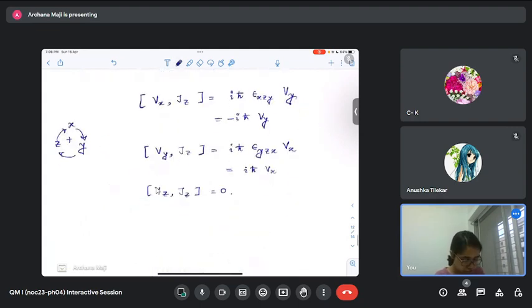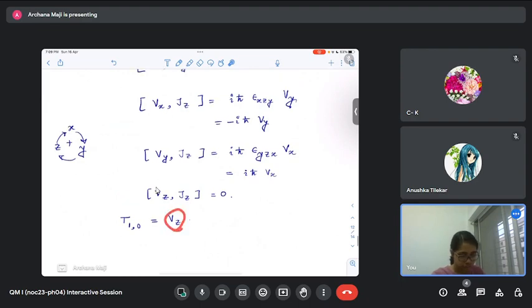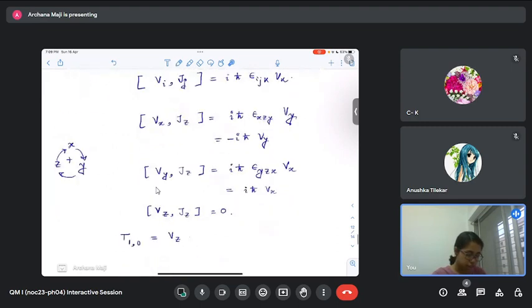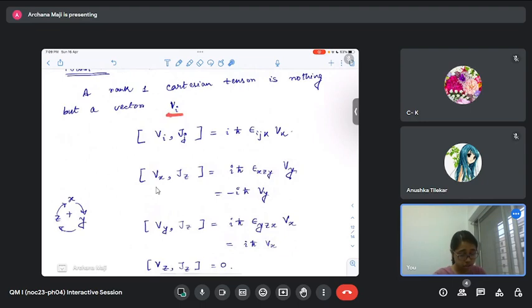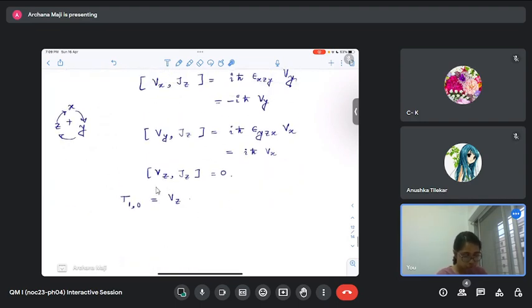So we can already see that T1,0 is nothing but Vz. Okay, so we have expressed the spherical tensor of rank 1 with q equal to 0 with the Cartesian z component of this vector. Cartesian tensor of rank 1 is nothing but a vector.